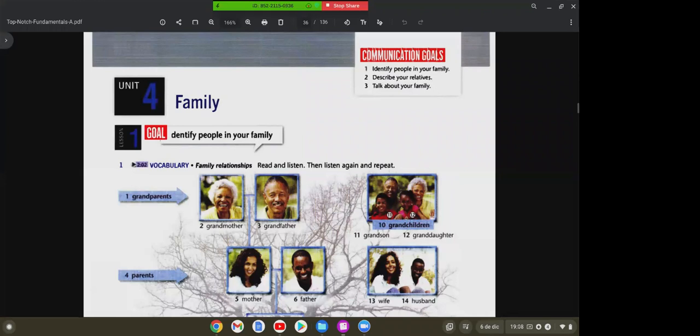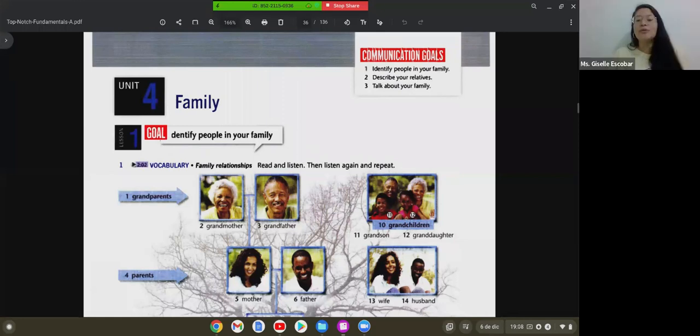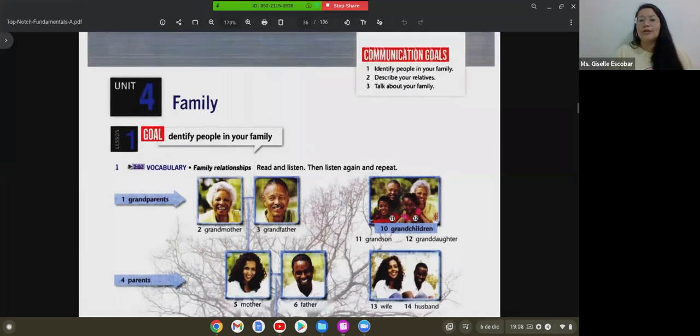Talk about your family. Perfect. So those are the communication goals that we have for Unit 4. Identify people in your family, which is the goal for today's lesson. Describe your relatives and talk about your family.